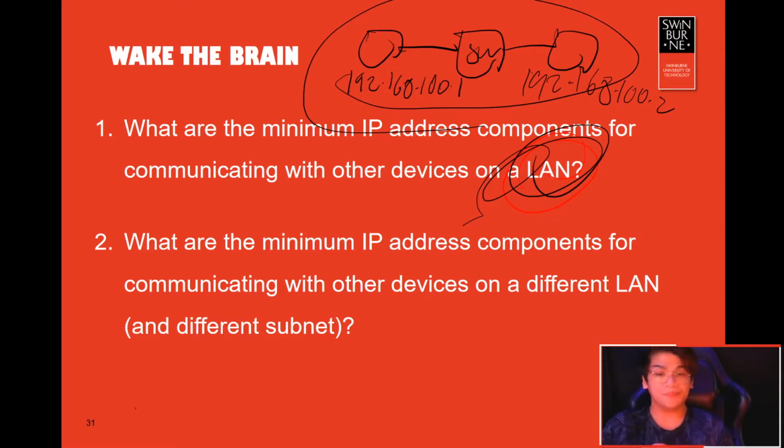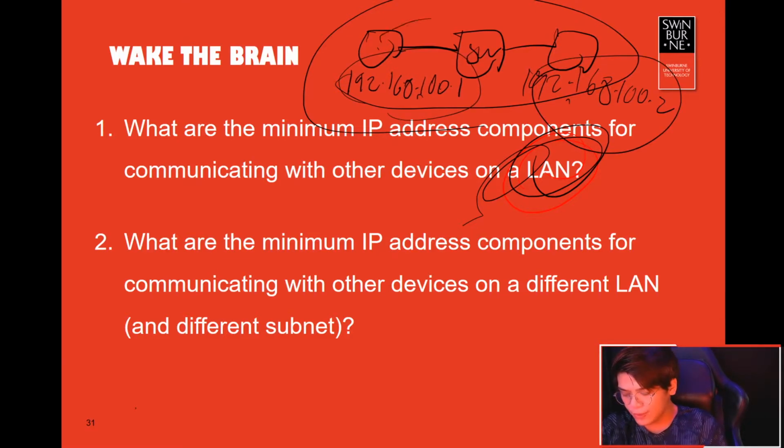But that IP address must be within the same subnet for them to communicate. Same subnet, IP address, and a connection between the two computers. That's the minimum you need in a local area network.